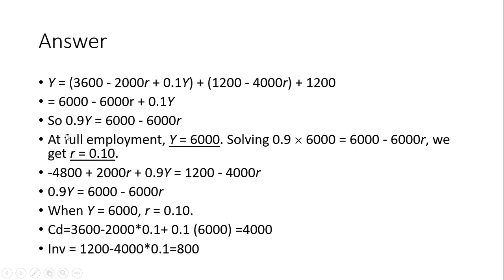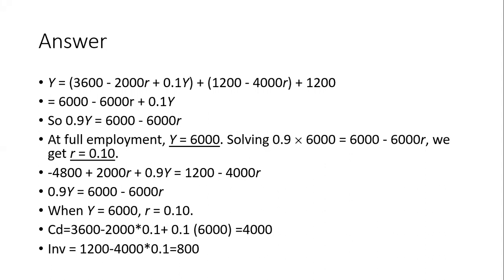When we simplify, we find 0.9Y equals 6,000 minus 6,000R. Then you simplify at full employment. I can substitute with the full employment, 6,000, and find the level of interest rate at full employment. When I substitute, I find that the interest rate is 10%.